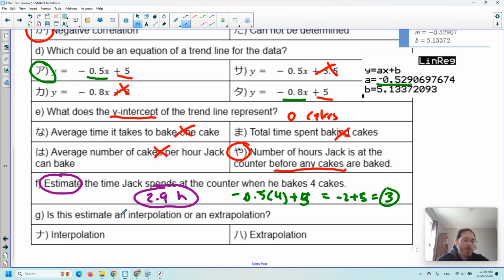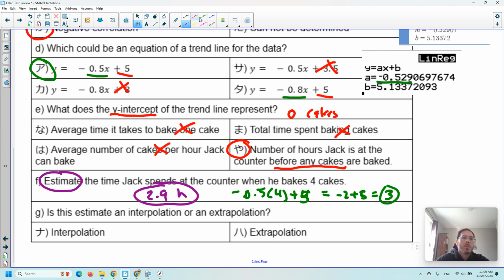And lastly, just a quick vocab, is it an interpolation or an extrapolation? So remember, the idea here is an interpolation is within the data, and extrapolation would be outside the data.